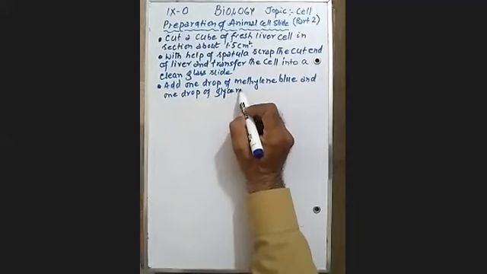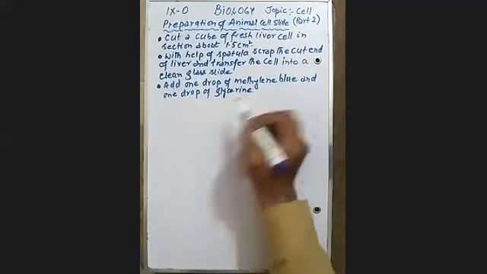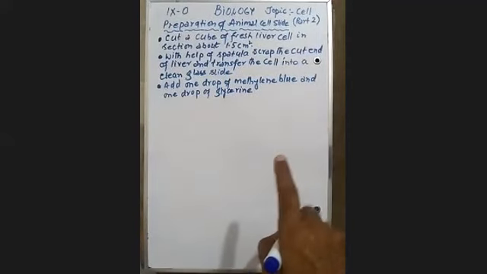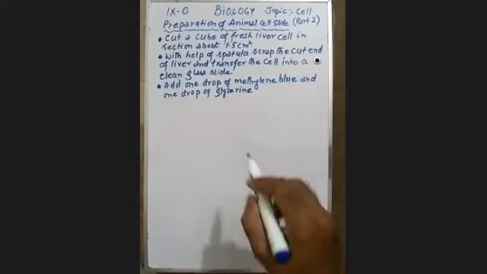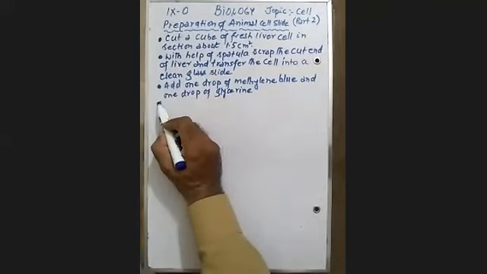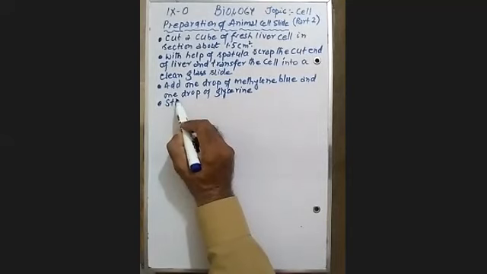Glycerin and the stain methylene blue are the chemicals used in the preparation of the cell. Then, next step, we stir the material, mix the material.